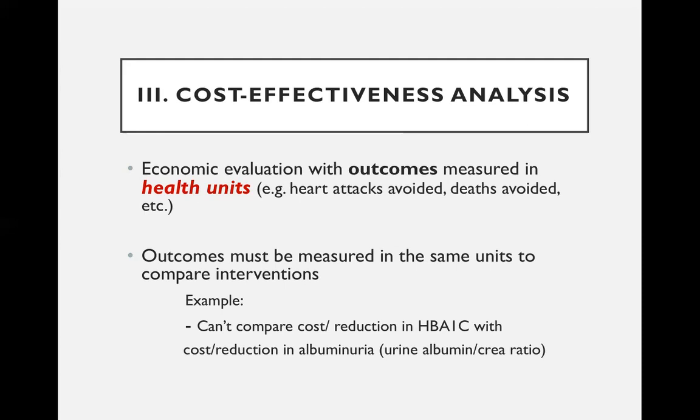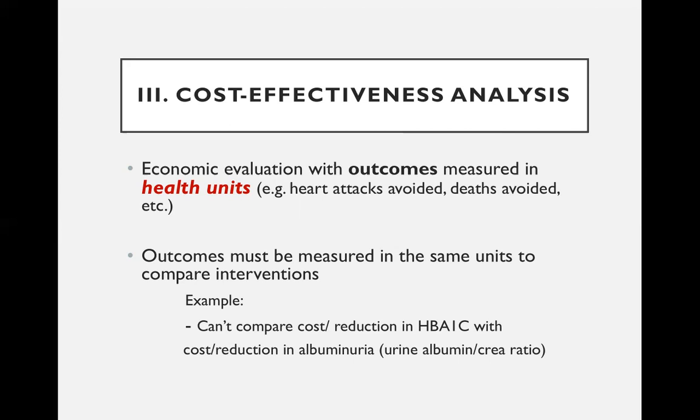So you try to measure the effect of a certain drug or a certain intervention and how it affects the patients. So another example would be deaths avoided, no? The amount of HbA1c reduction. So those are the outcomes that you're looking at, biological outcomes.